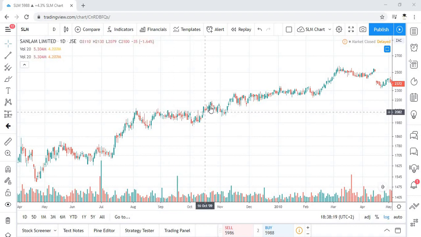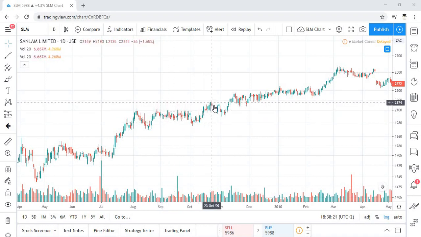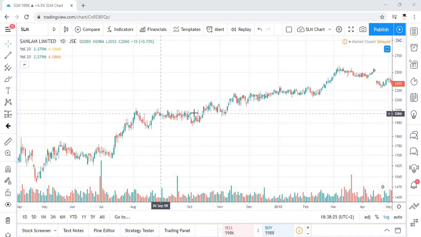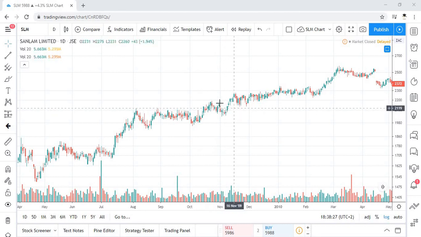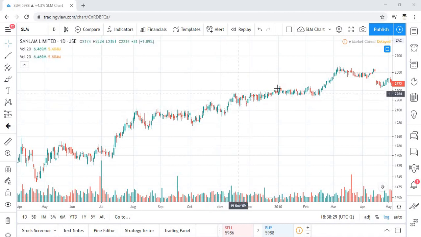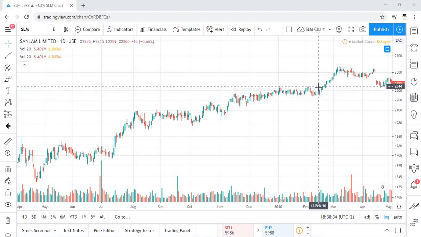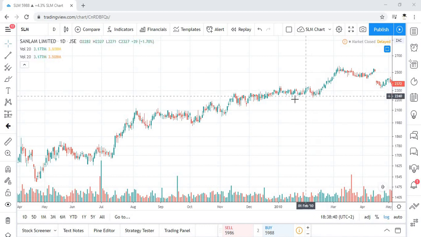And it continues and it tries to advance towards this point, but it still came back within that close range. Then it moves a bit up, but it remained in that range again until it moved out from this range. That was now 23 Rand 30.